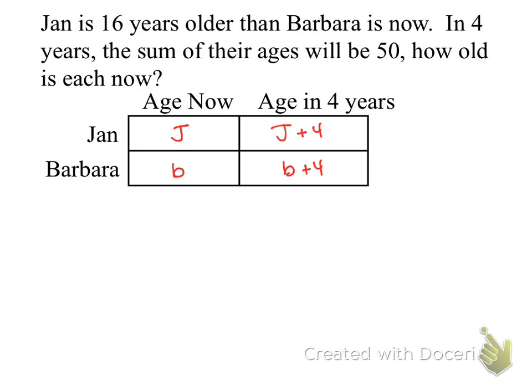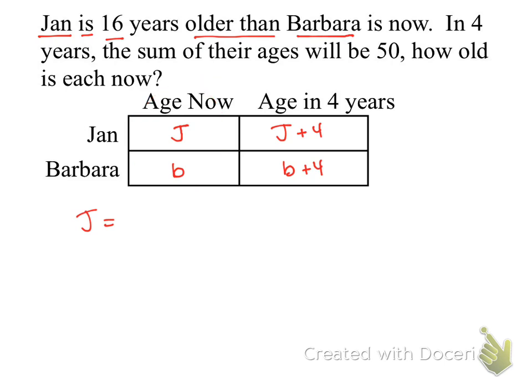So now what we're doing, we're going to start translating. What do I put for Jan? J. J is, was, will be, means what? Equals. Equals 16 older than B plus 16. So it's B, Barbara, and it says now. So I use these.